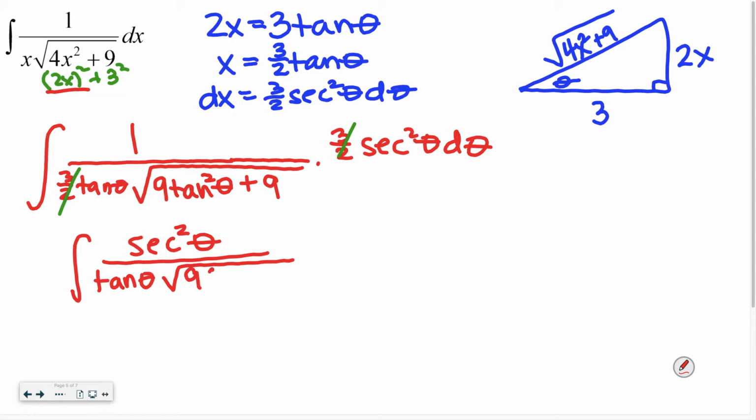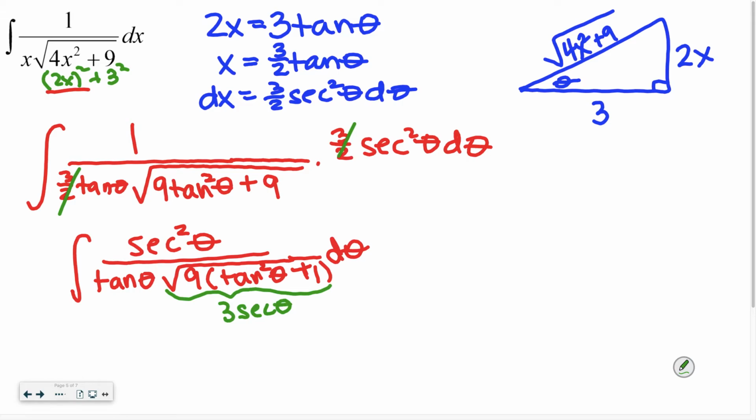We can factor out the 9, right? What is tangent squared plus 1? Secant squared. So this becomes 3 secant of theta.